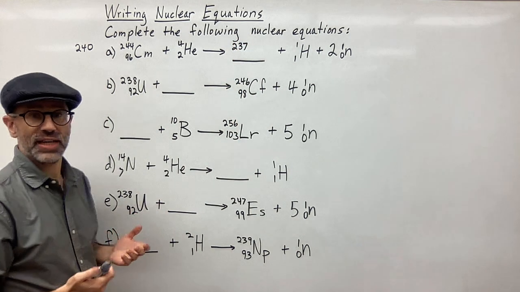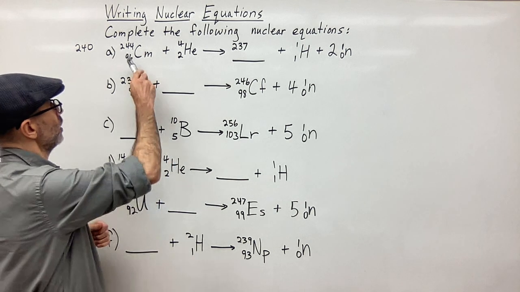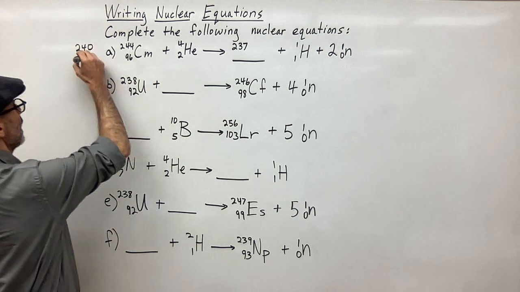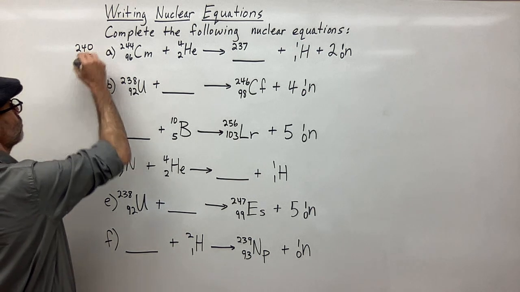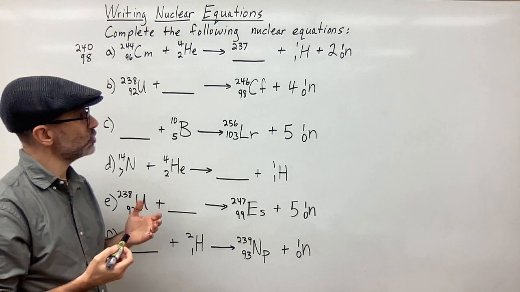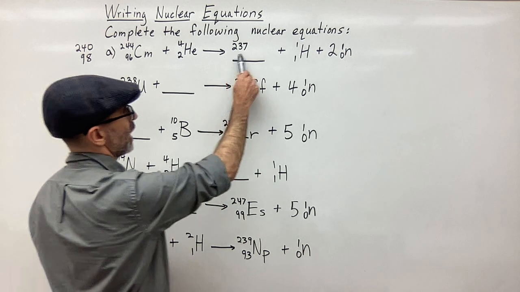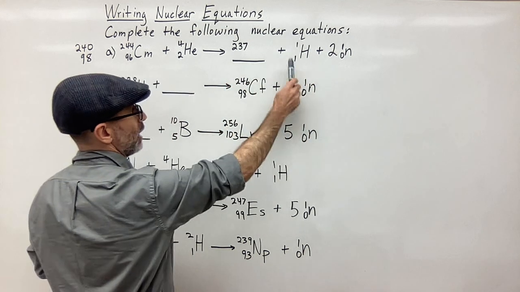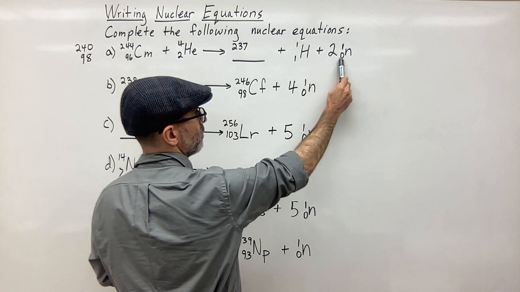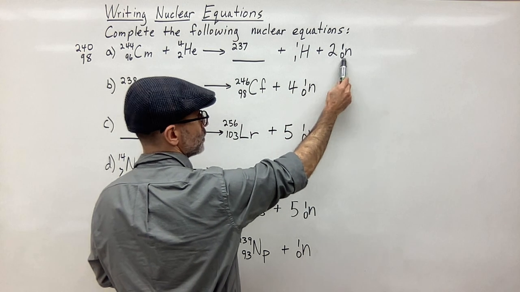And now we can do the same for the bottom number. So the 96 plus 2 gives us 98. So that's the total for the bottom number, which means the total on this side should be 98. We have a 1 on the bottom here. Again, we have 2 neutrons, both of them have a 0 on the bottom, so 2 times 0 is 0.